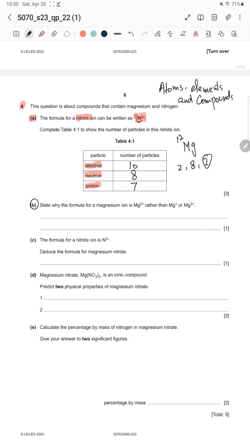So that's why magnesium exists in +2 form. So what should we write in the answer? Mg+2 has full outer shell electrons.